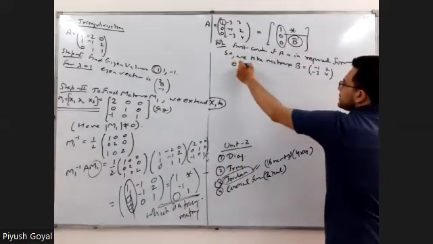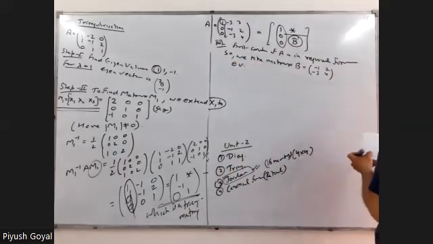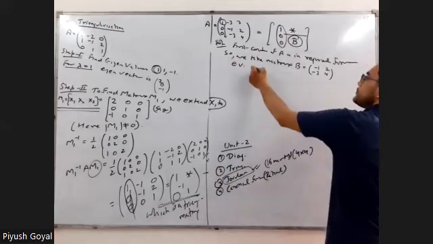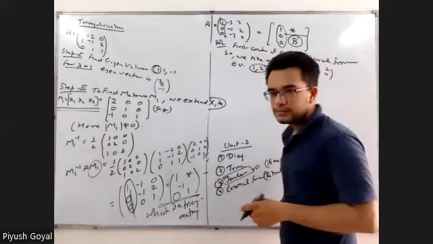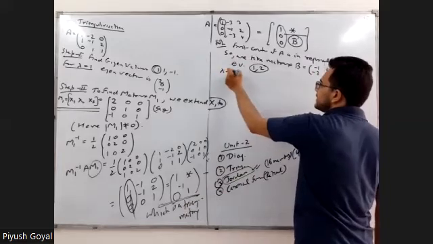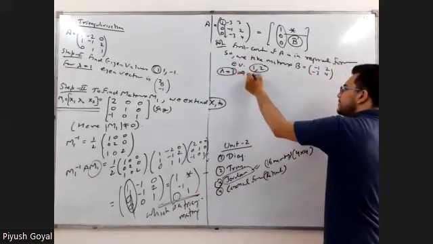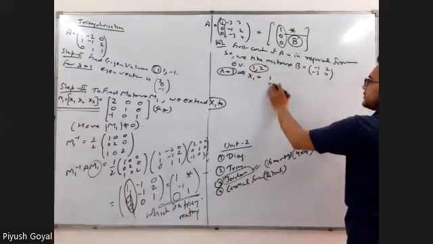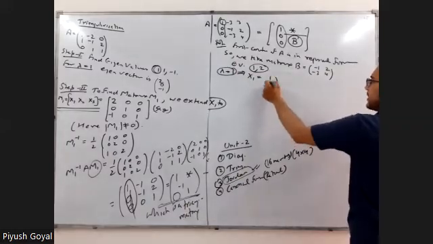It is given that the eigenvalues will be 1 and 2. And you take, for example, lambda is equal to 1. You find the eigenvector. The eigenvector will come out to be 1 1.